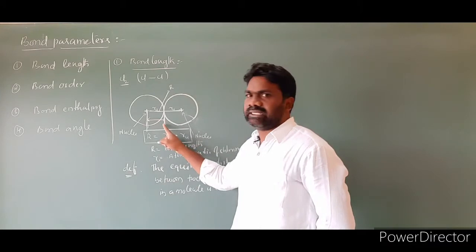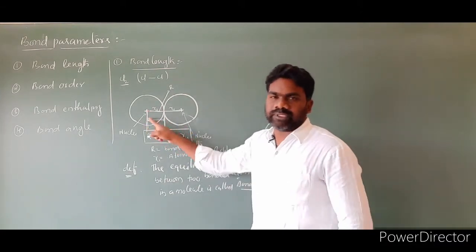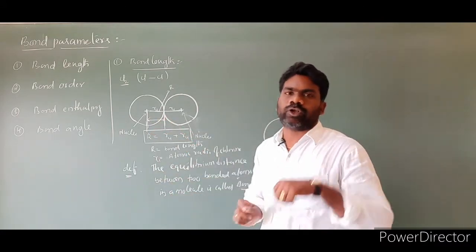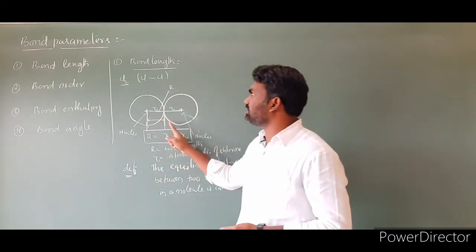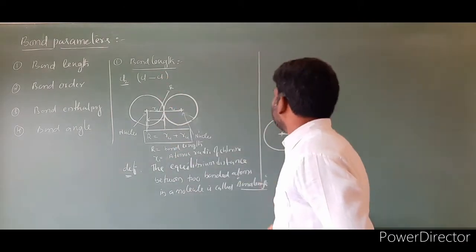So half of the distance between the two bonded atoms in a molecule joined by a covalent bond is called the covalent radius. Let us write the sentence.